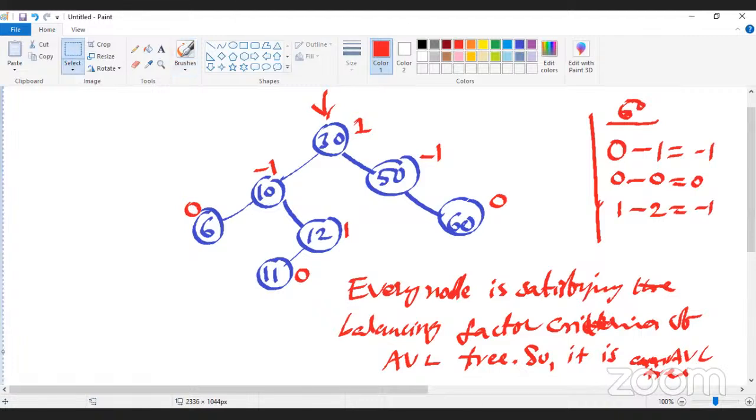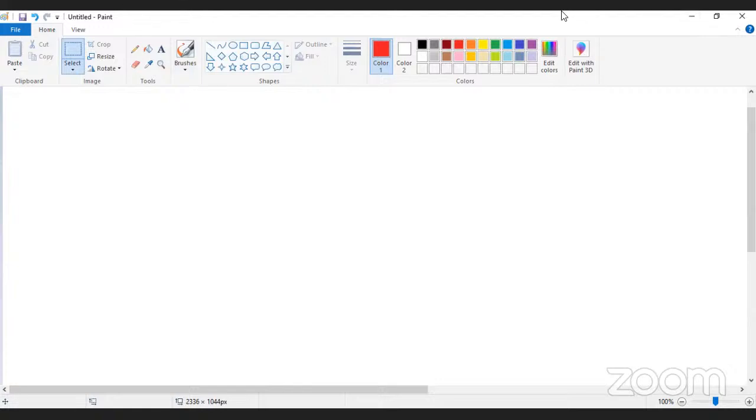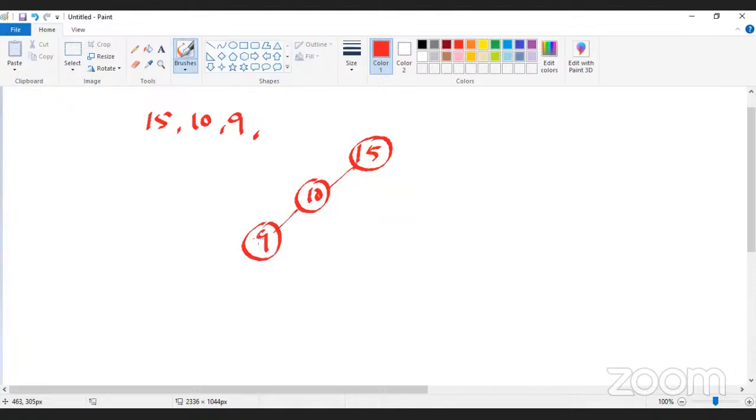Take a small example, a BST. Take the elements 15, 10, 9. We'll take only these three. Construct a BST with these: 15 will come, 10 will come, and 9 will come, right?